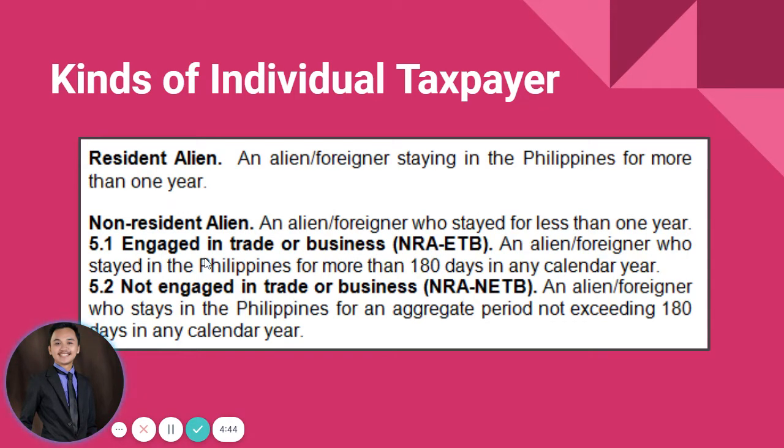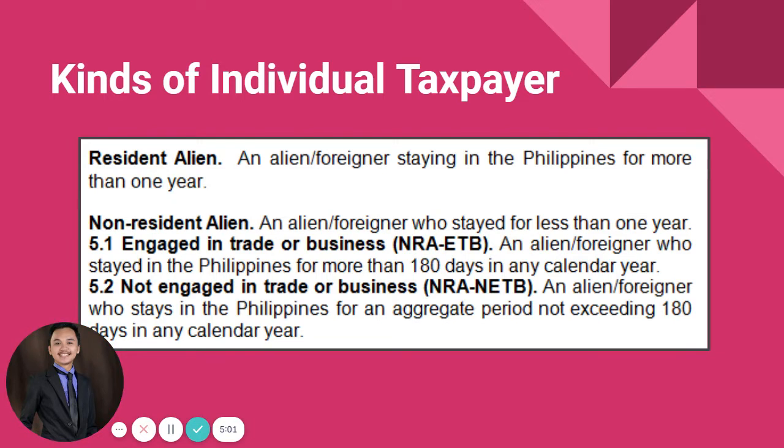The first one is engaged in trade or business, or NRAETB. They are aliens or foreigners who stayed in the Philippines for more than 180 days in any calendar year. So 180 days does not need to be consecutive.